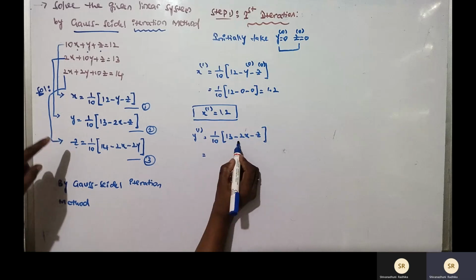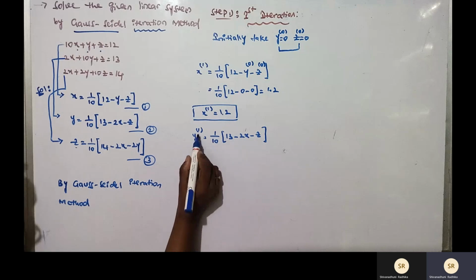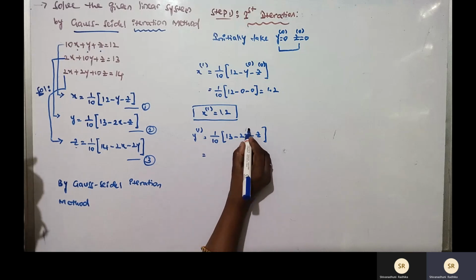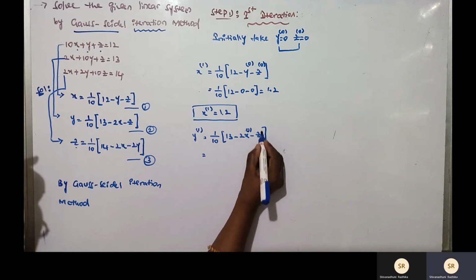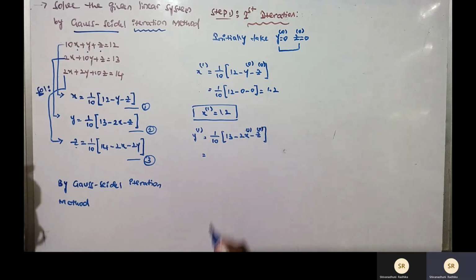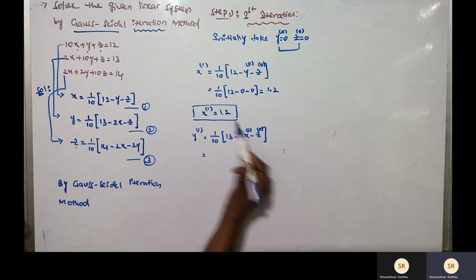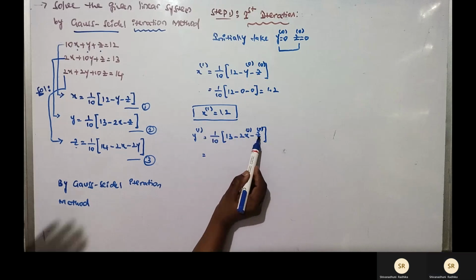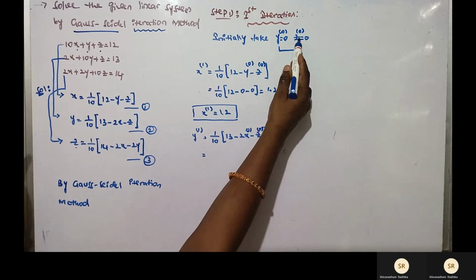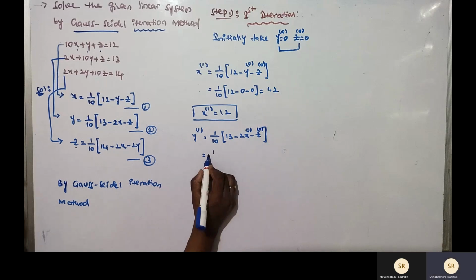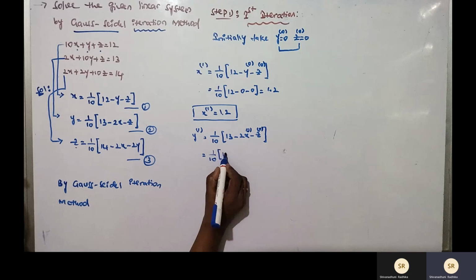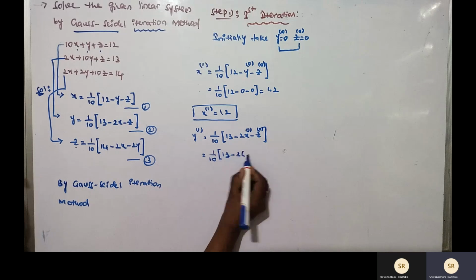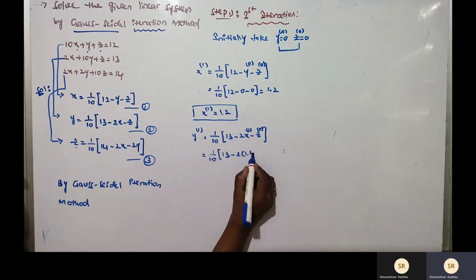Now see here again we need to change the right-hand side. For y first approximation, we substitute the latest values. Substitute 1 by 10 into 13 minus 2 into x first approximation 1.2.